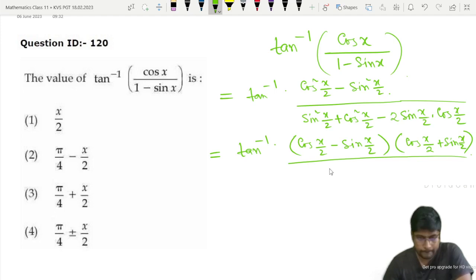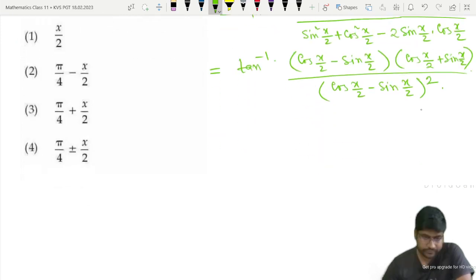So a minus b whole square. So cos x by 2 minus sin x by 2 whole square. Okay. So then one term will be cancelled, cos x by 2 minus sin x by 2 and 1 here will be cancelled.